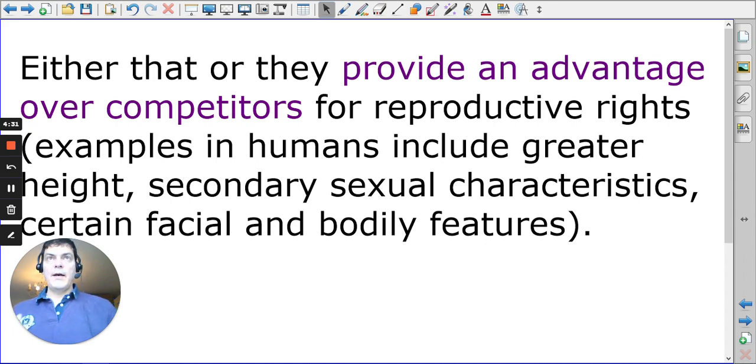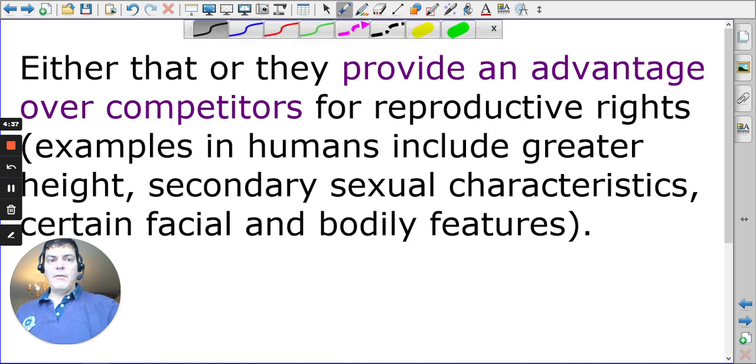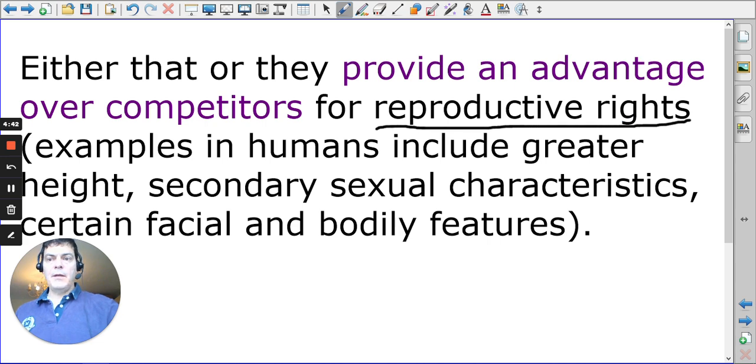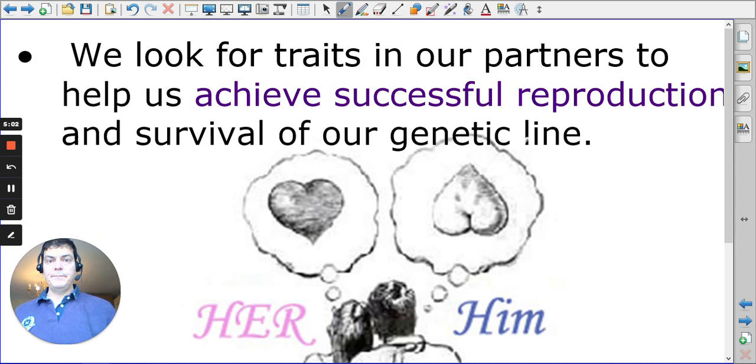If I have the characteristic, it becomes an advantage to me, and therefore I'm able to fight or win reproductive rights. Certain features might become favorable. A more masculine feature might come across as being strong and able to attract a female.